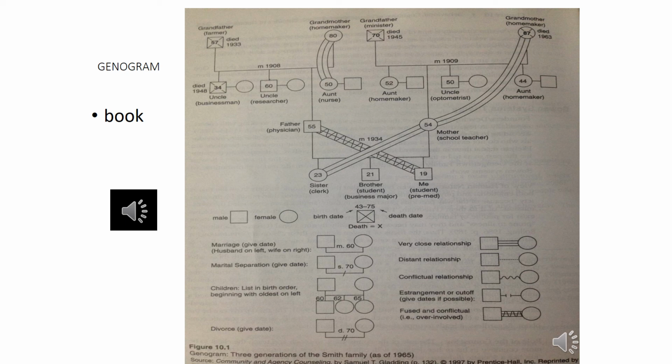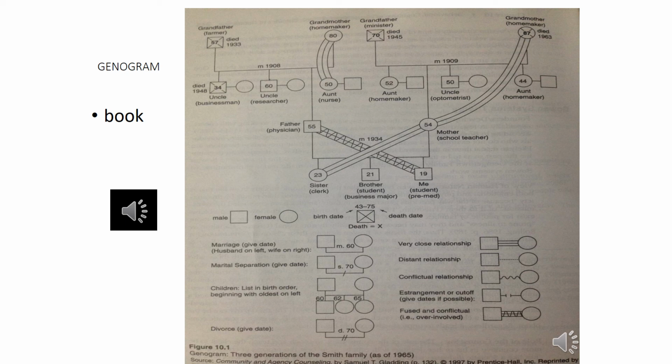A close relationship is denoted by three connecting lines between two or three people. For example, in the picture, you can see 23, 54, and 87 are represented with a very close relationship.